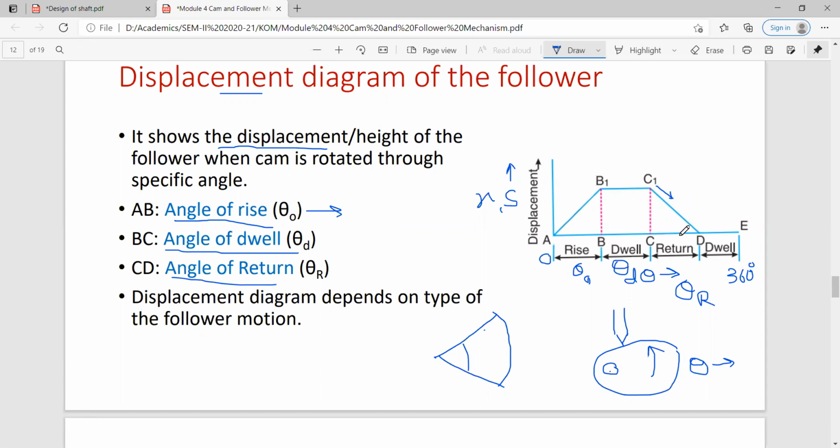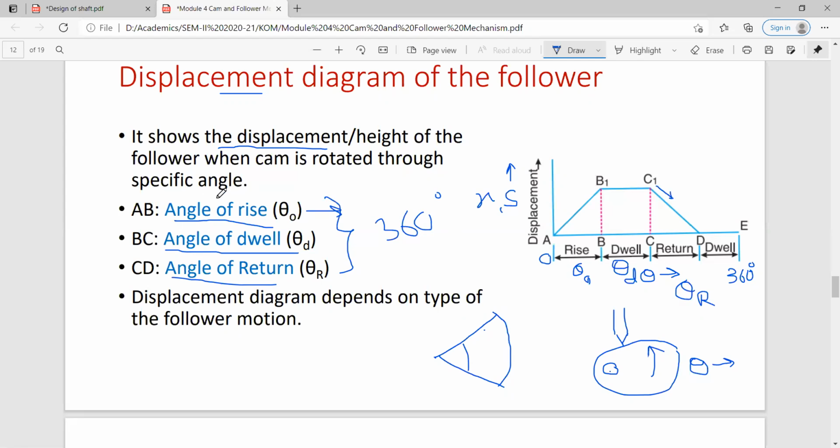So this angle CD is called the angle of return. When you add all these angles, the angle of rise, angle of dwell and angle of return, you will find that the addition is 360 degrees.